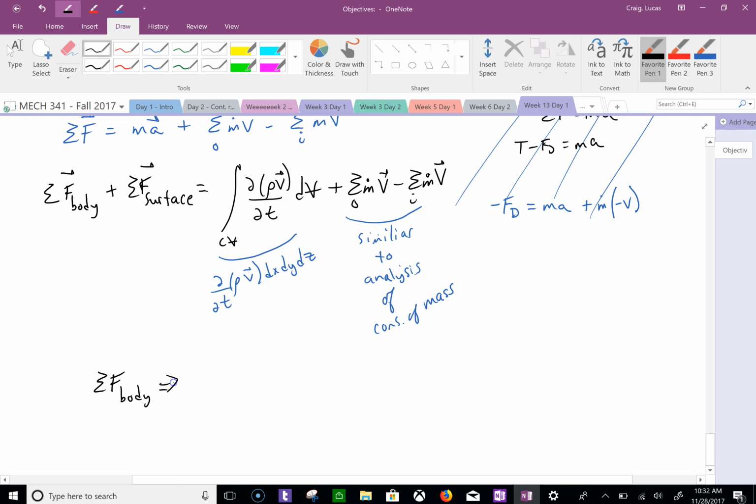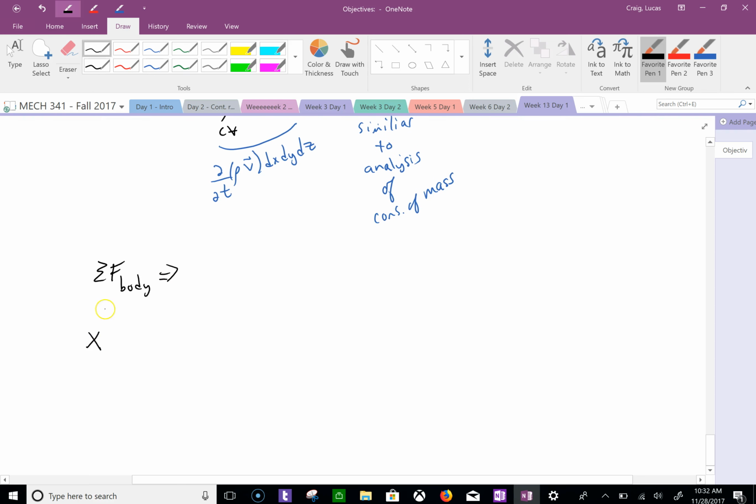Body. I'm going to do X direction, Y direction, and Z direction. Tell me in differential form, or I guess the easier way is, what is the gravity force?